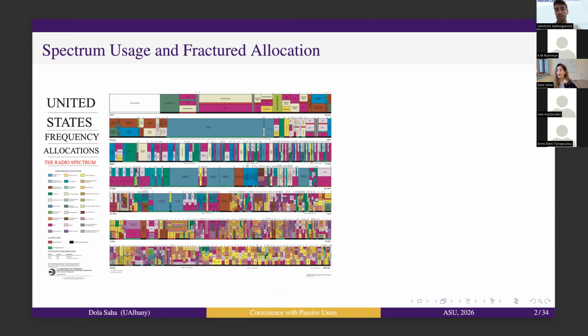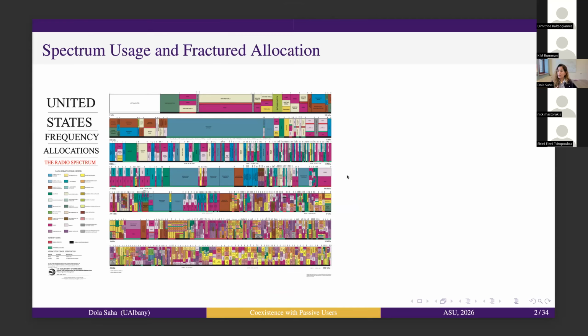I'm pretty sure all of you have seen it in different formats many times. What we see here is the allocation of frequencies for particular users. Sometimes they are protected, sometimes they are licensed, sometimes they are unlicensed. There are so many rules to this spectrum.